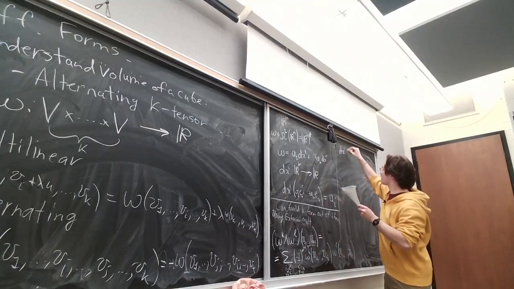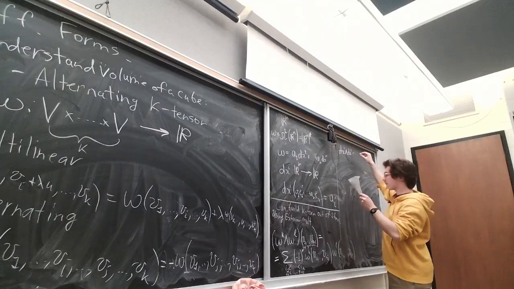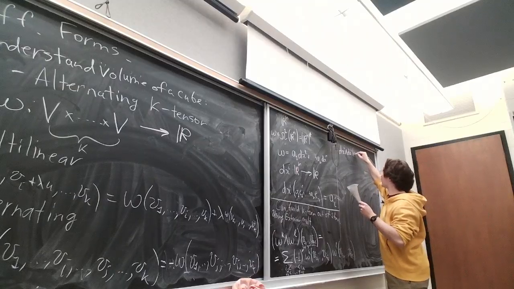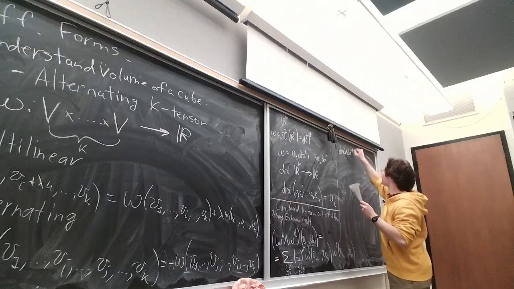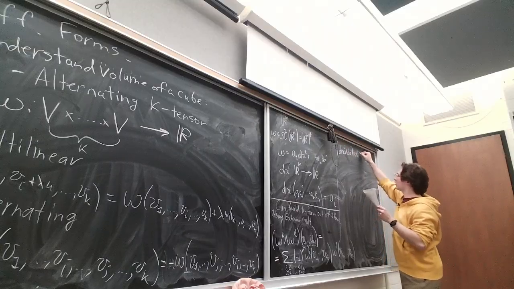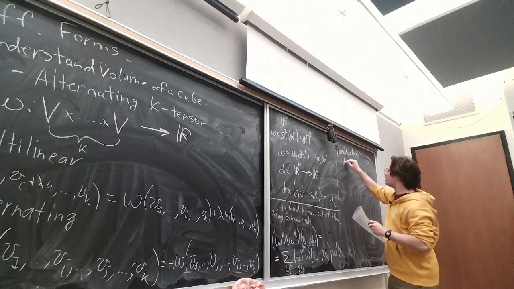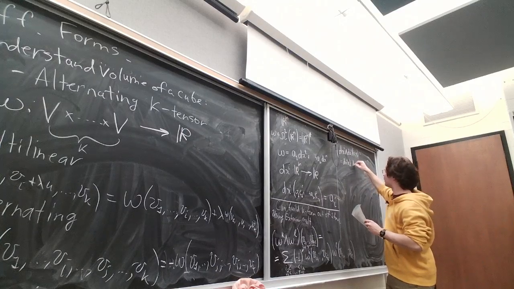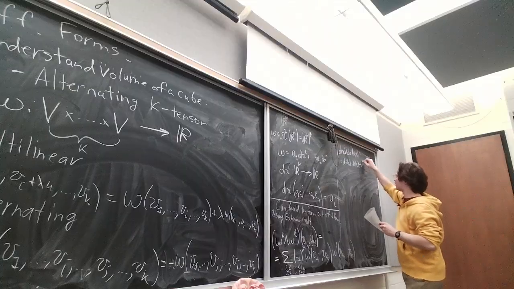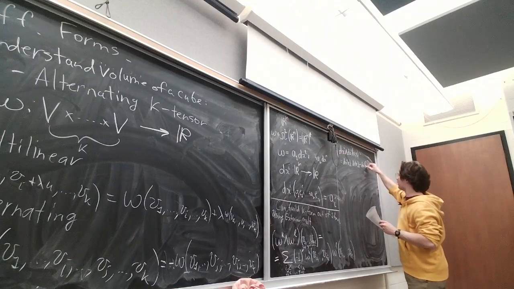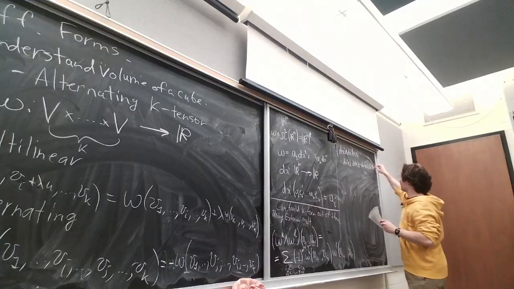For example, dxi wedge dxj is going to be what? Well, I plug in two vectors into this. This is just going to be dxi of v1 times dxj of v2 minus dxi of v2 times dxj of v1.